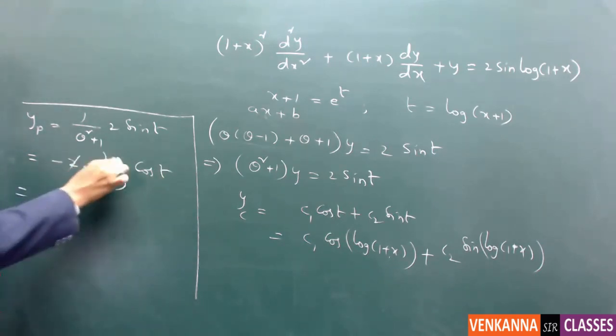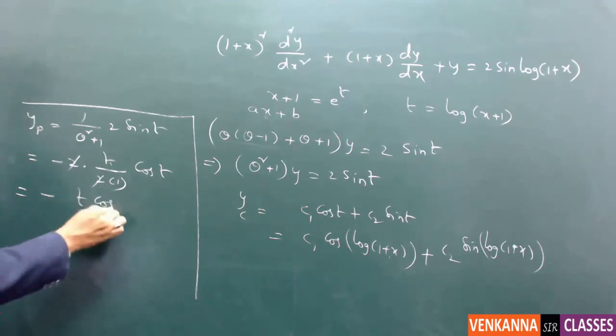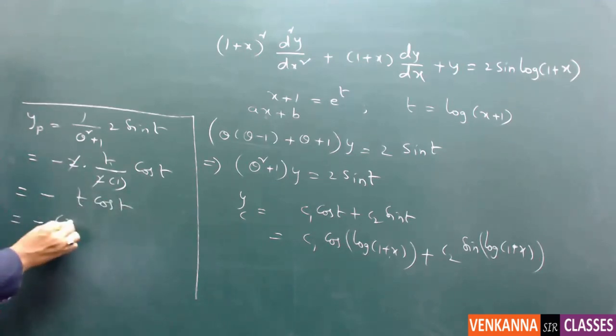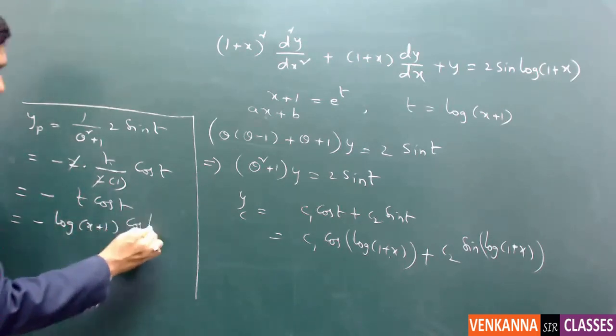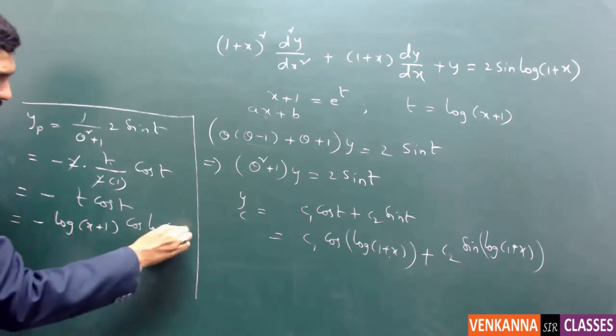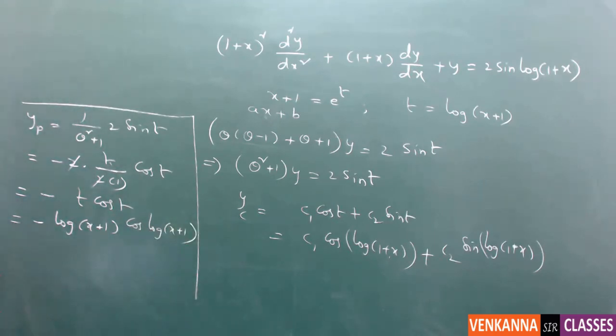Here you have to take t here. So minus t cos t, minus of log of x plus 1 cos log of x plus 1. Please check on that. And general solution is given by y is equal to yc plus yp.